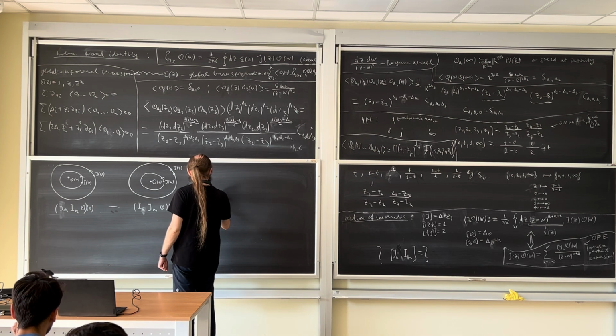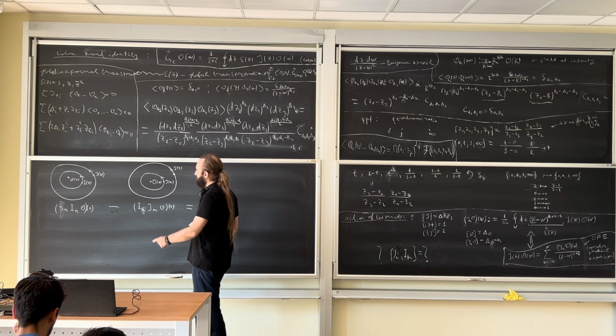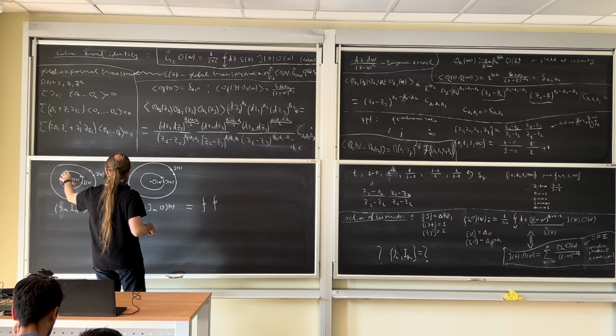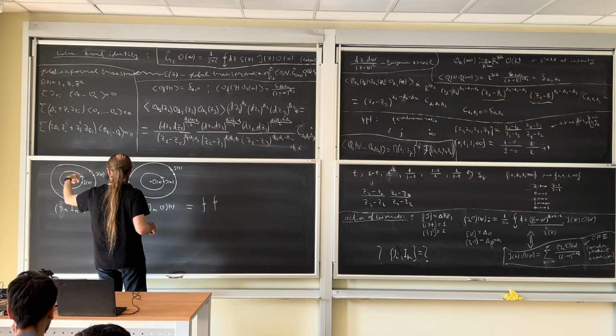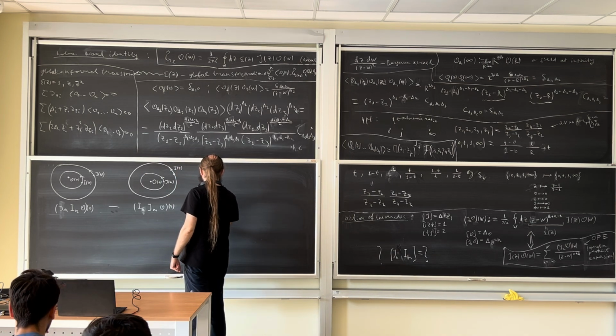So the first integral is along the contour where the absolute value of z is less than the absolute value of w.